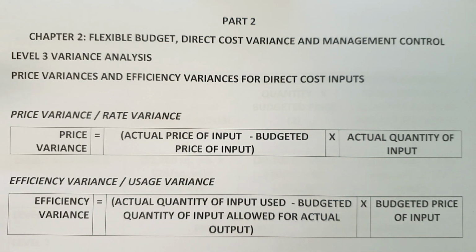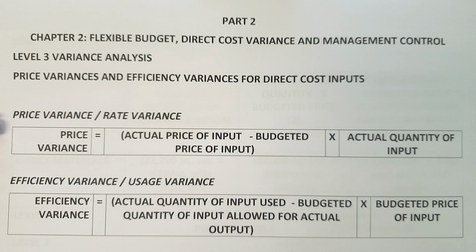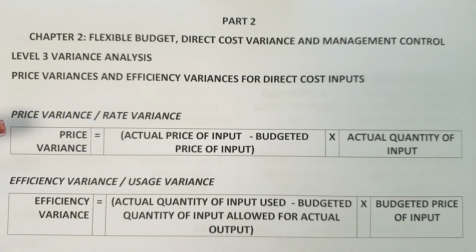And this is the formula. I show you the formula for price variance, or sometimes we call it rate variance. And this is the formula for efficiency variance, and sometimes the textbooks also call it usage variance.